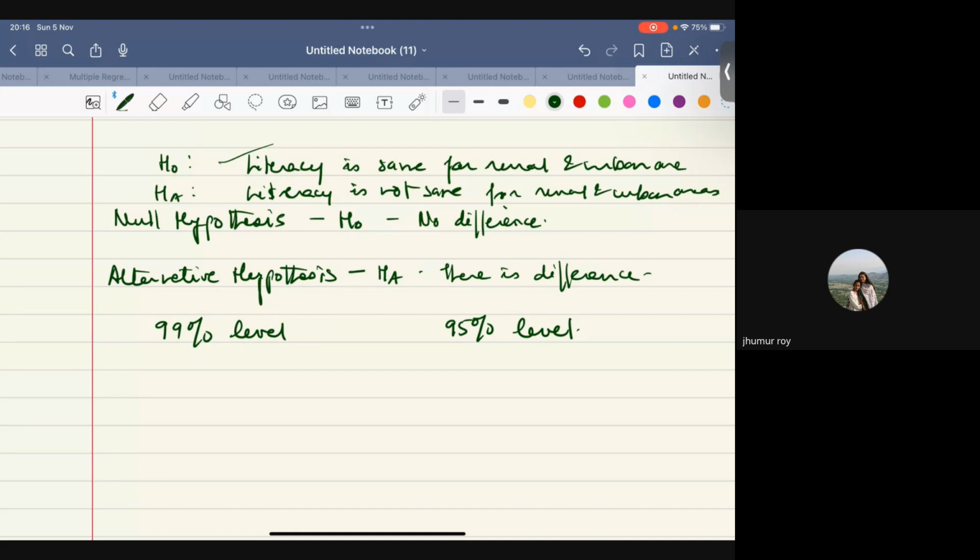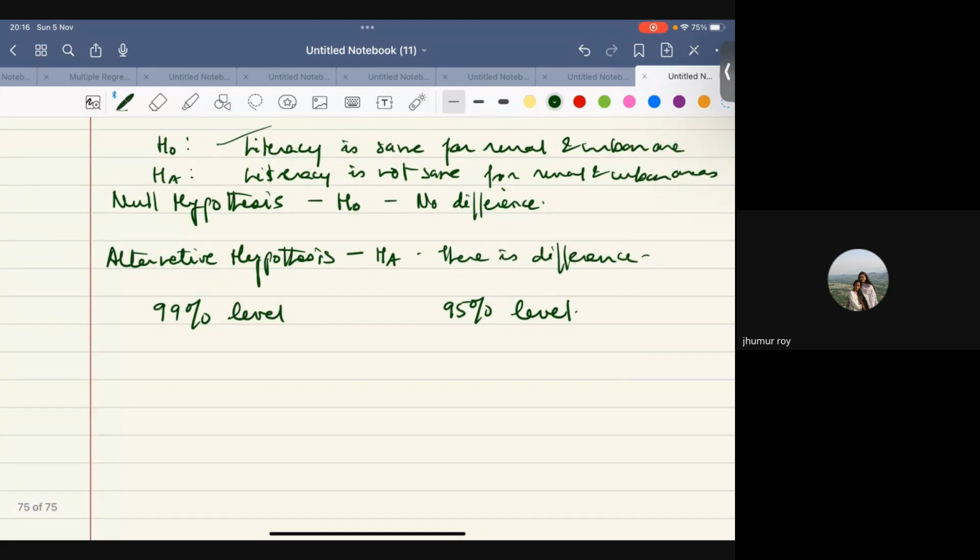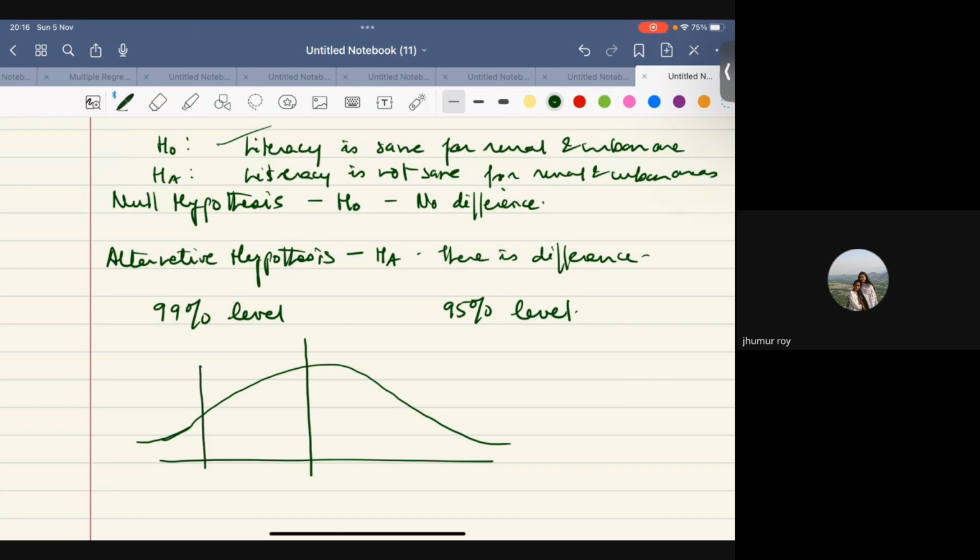Okay. So whenever we talk about this, we talk about a normal distribution curve over here, and we will see that, suppose this is your normal distribution curve. Okay. The center area, we say, is your population. Now over here we will say that suppose the value falls between this and this area. This is called our acceptance region.